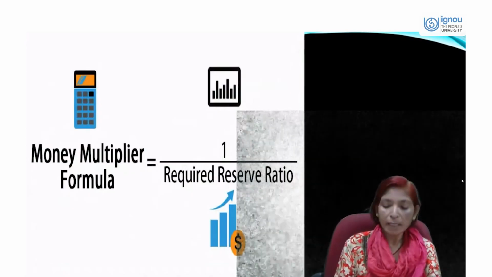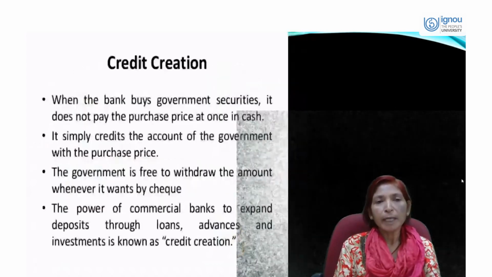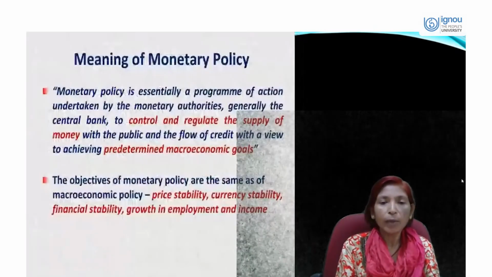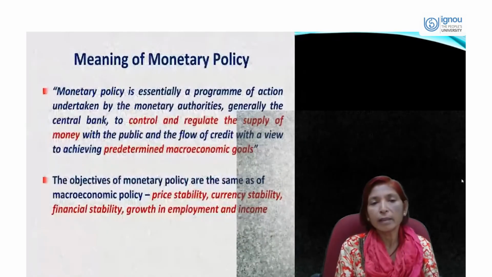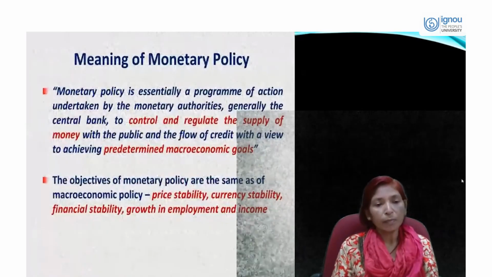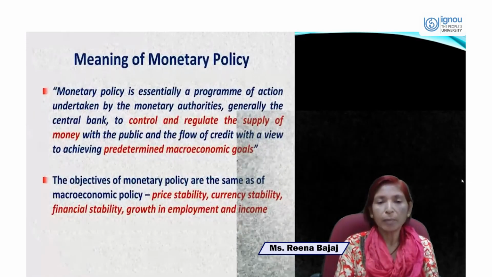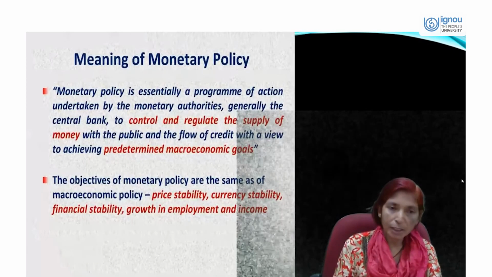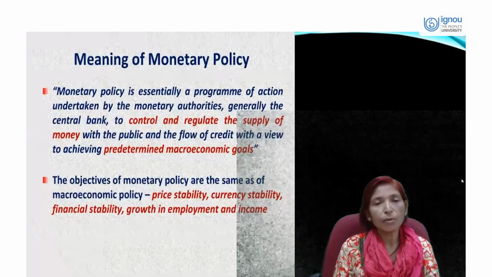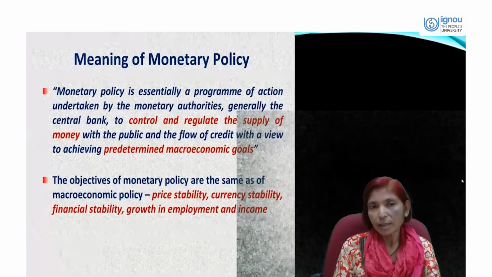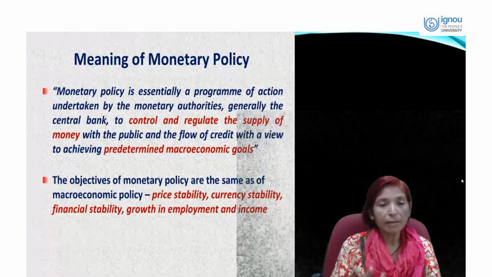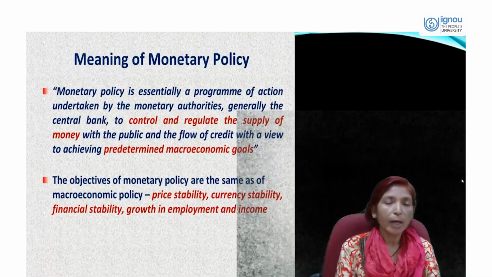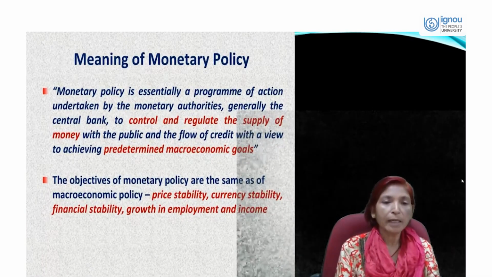If RBI wants to control the money supply, it can easily control it with the help of monetary policy tools, to regulate the supply of money and to control the credit creation process, by instruments of monetary policy like bank rate, open market operation, cash reserve ratio, statutory liquidity ratio, margin requirement, moral suasion, direct action, and credit rationing.